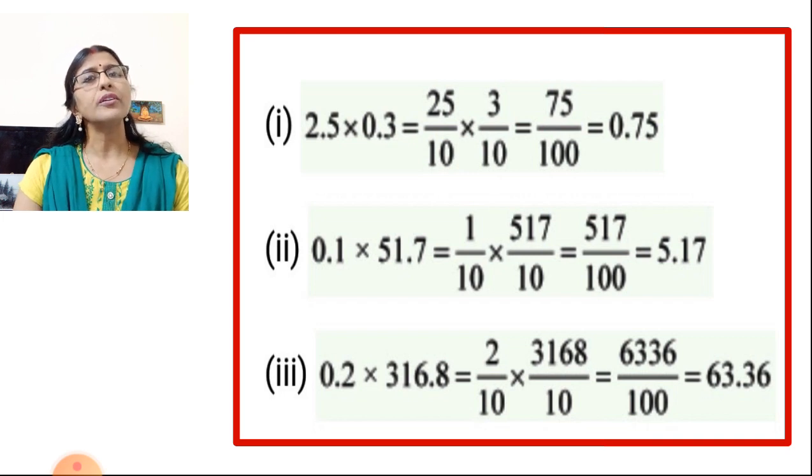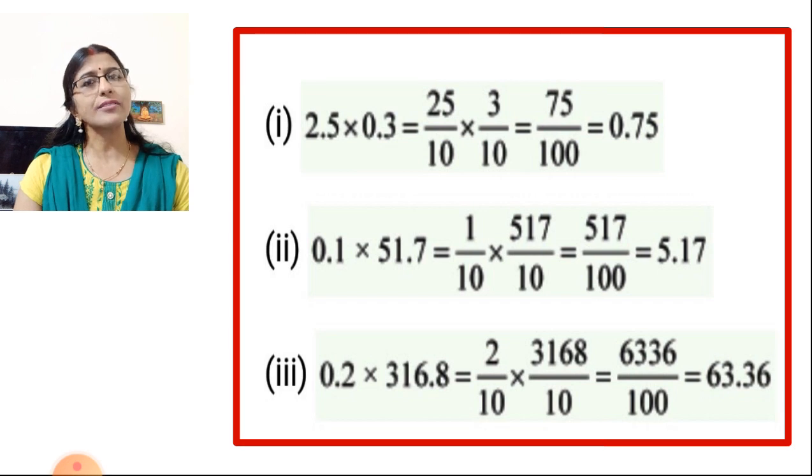Same way we'll do for 51.7 also. You will get 517, the point is removed, and in the denominator, as there is one decimal place, you will get 10. Now we are going to multiply 517 into 1, which is the same number 517, and 10 into 10 is 100. Now the point will be shifted to the left by 2 places, because you are dividing 517 by 100. So you will get 5.17.